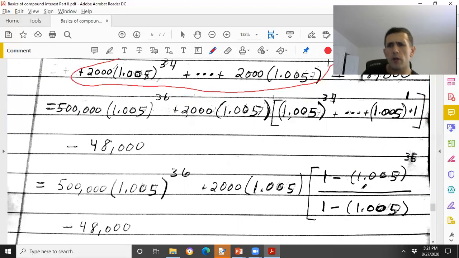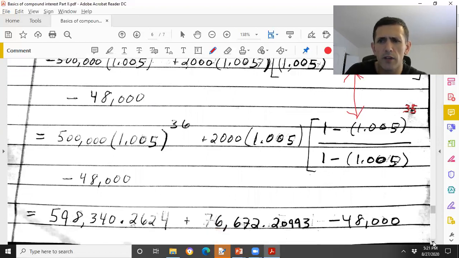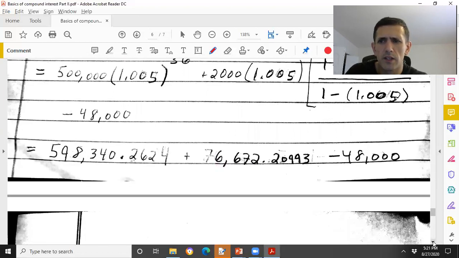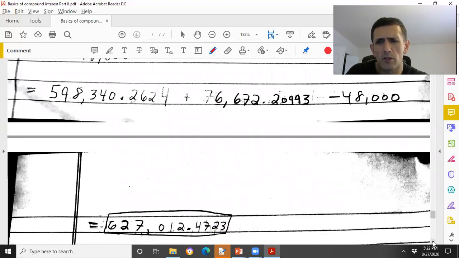And so here I'm using the finite geometric series formula with r equal 1.005 and n equal 34. So this should be 35, since 34 plus 1 is 35. And if you dump this into a calculator, you will get $627,012, and roughly 47 cents.